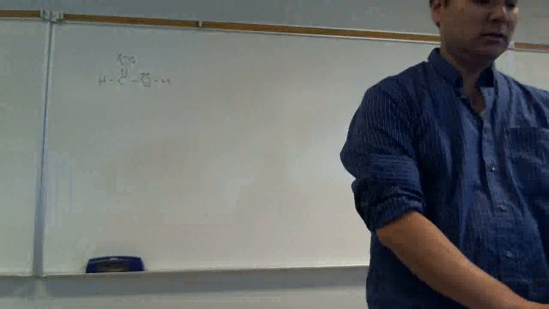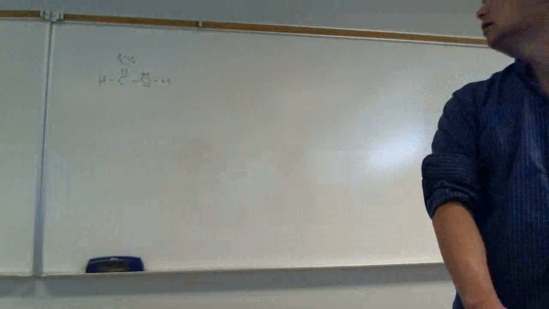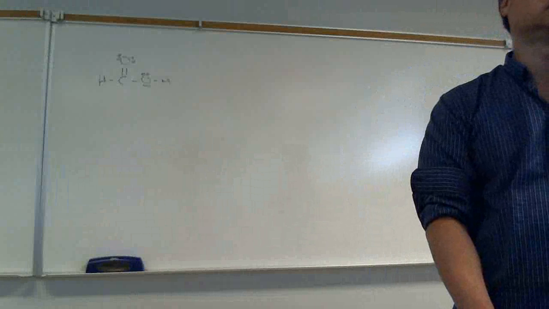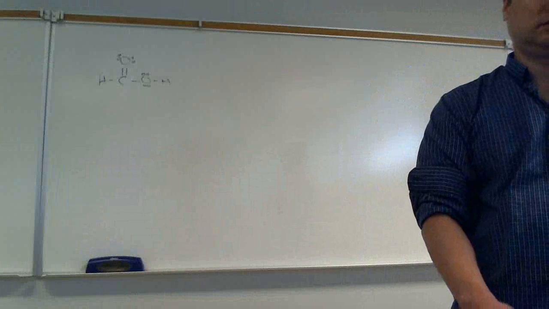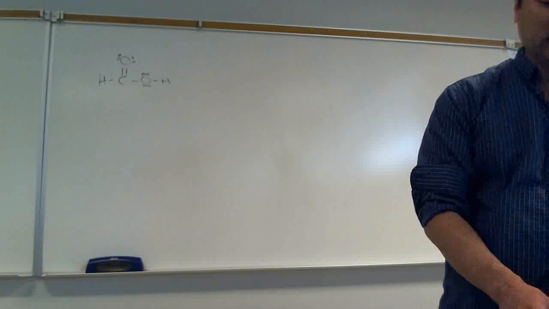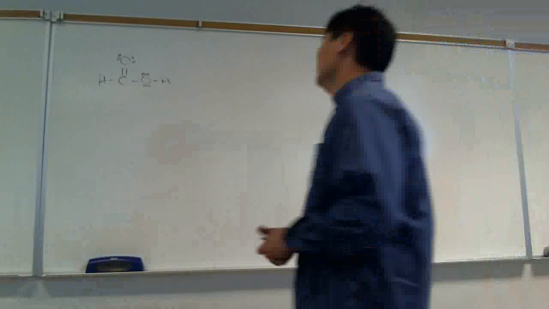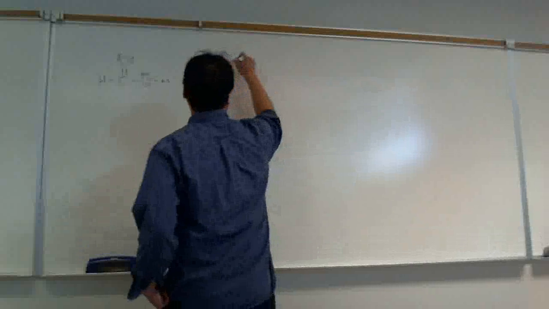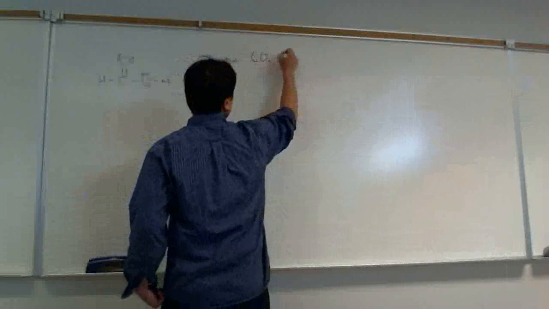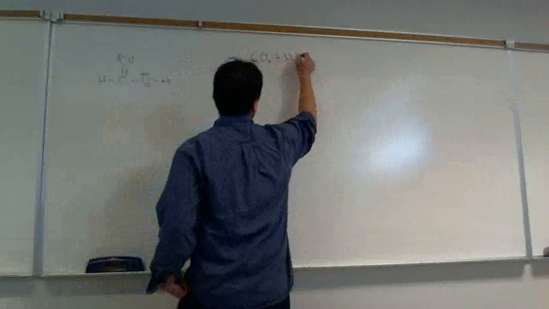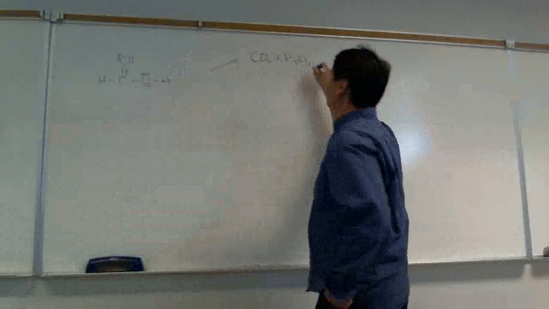What's another name for formic acid? Another name for formic acid is methanoic acid. But methanoic acid can undergo decomposition into CO2 and water, into a liquid.